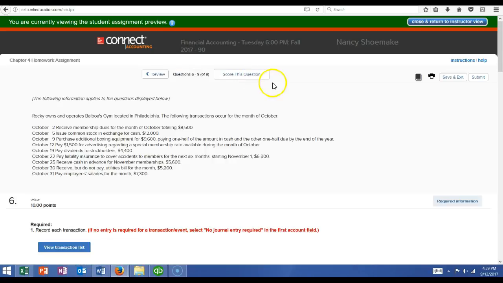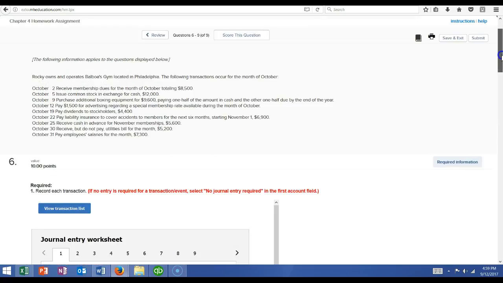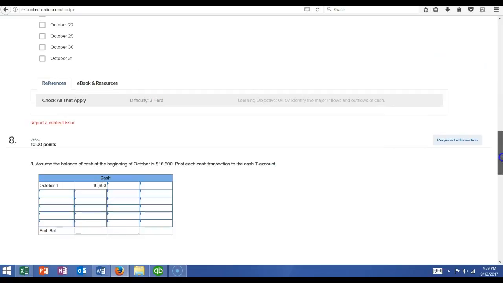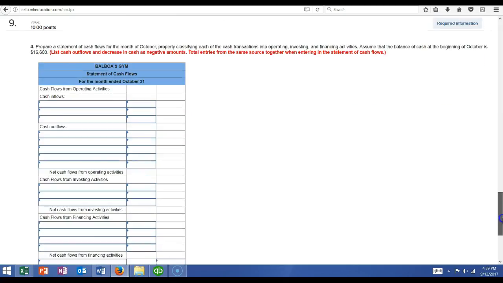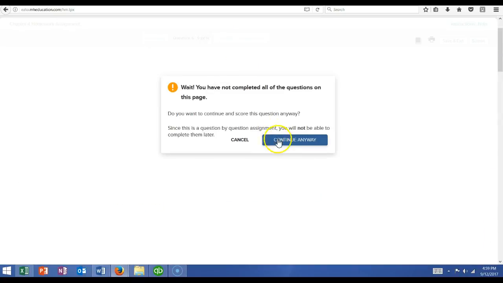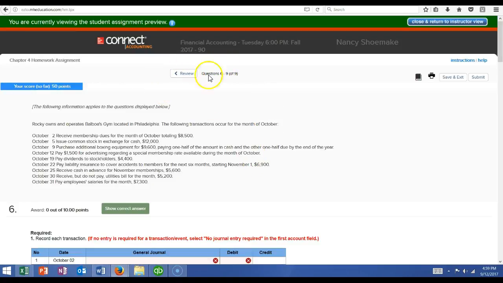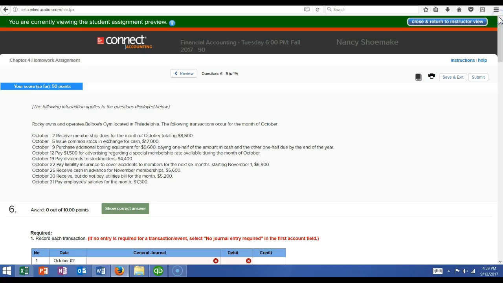You've got one that we will have already gone over regarding Balboa's Gym, where we record some transactions and create a T account, from which we can create our statement of cash flows. I guess that's the only other one. So I think this homework will flow much smoother for you.